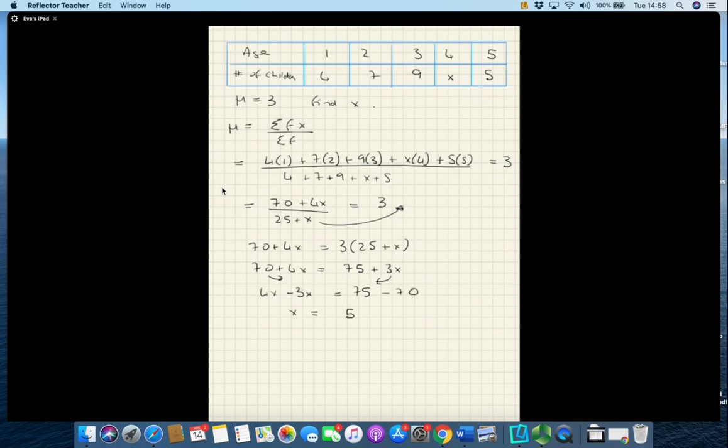And if you solve that, you then get x is equal to 5. So once you know the formula, you just let the formula equal the answer that you were given, and you just work on.